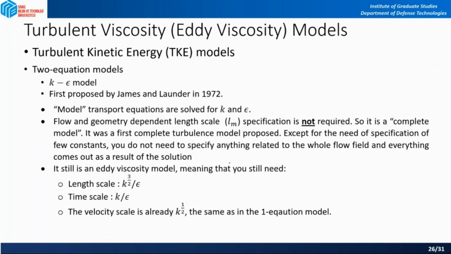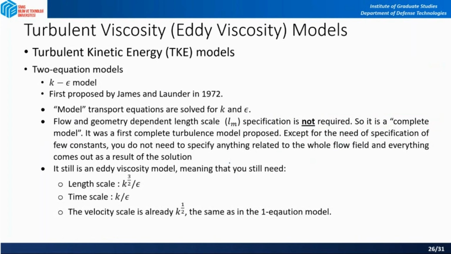The flow and geometry dependent length scale specification is not required anymore, so it's a complete model. It was the first complete turbulence model proposed, except for the need of a specification of a few constants. You don't need to specify anything related to the whole flow field, and everything comes out as a result of the solution.